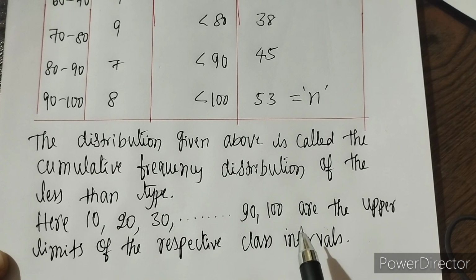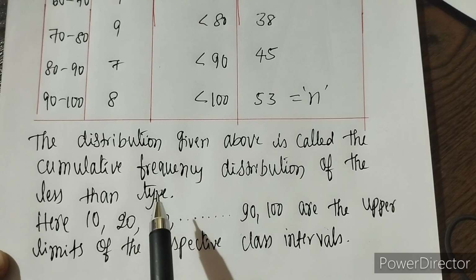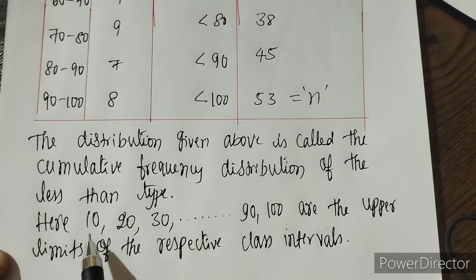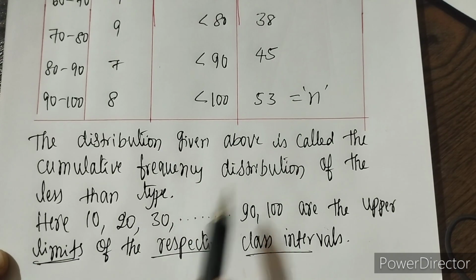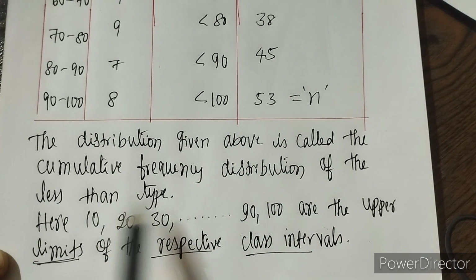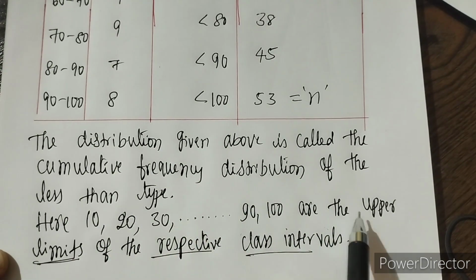We must know the less than type distribution table. For the distribution of the more than type, the lower limits of the respective class intervals will come under that type.